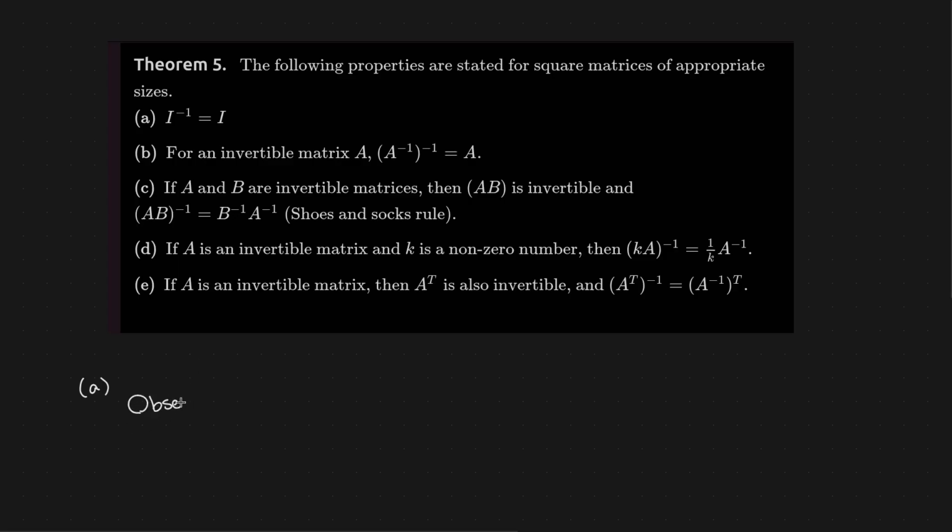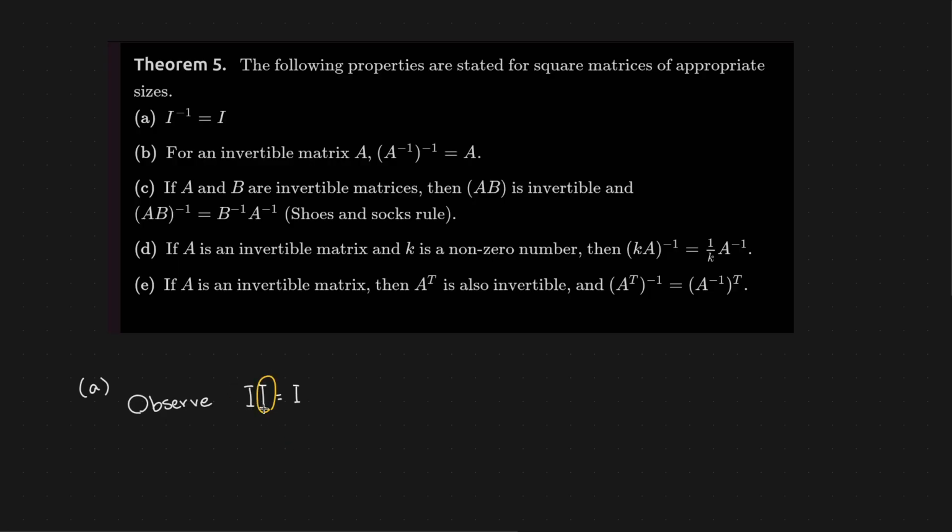So observe that if I multiply the identity matrix by the identity matrix, I get the identity matrix. This is just like if I multiply 1 times 1, I just get 1. Any number times 1 is itself. Similarly, any matrix times the identity matrix is itself.